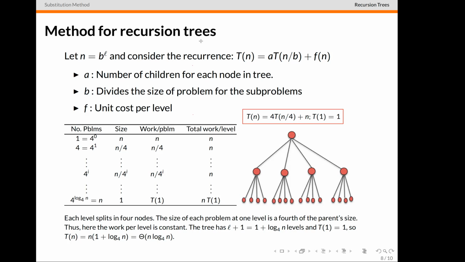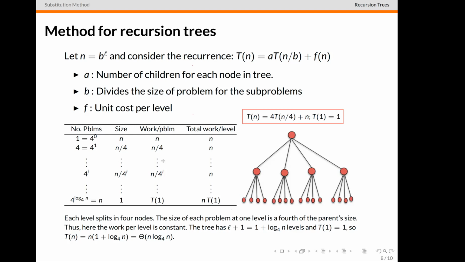And then we take a look at the number of problems that we have at each of the levels. So in the first level, we have only 1. Well, it's really level number 0 because it's 4 to the 0. So we number the levels starting with 0. And in the last level, we're going to end up with n subproblems, each one of size 1, which is generally what we do in this type of problems where we always divide by the same number.